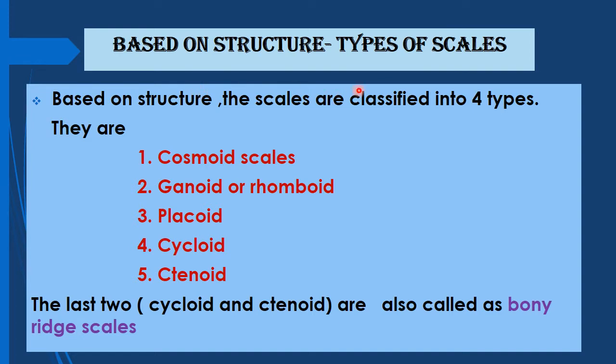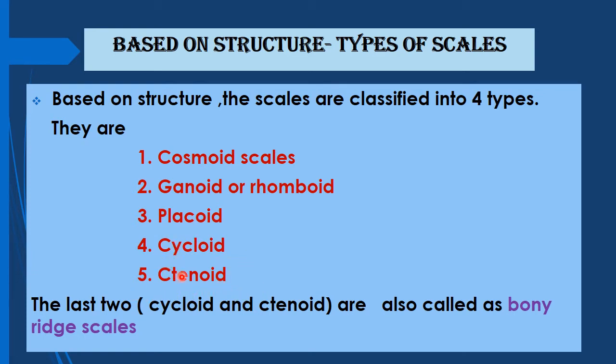Now we will go through the different types of scales based on structure. Based on structure, the scales are classified into types: cosmoid scales, ganoid or rhomboid scales, placoid scales, cycloid scales, and ctenoid scales.